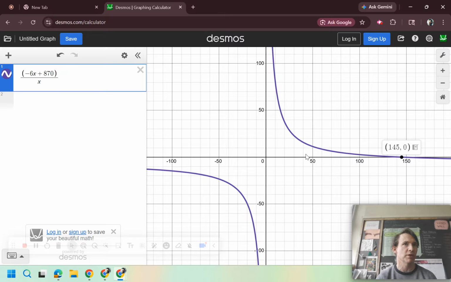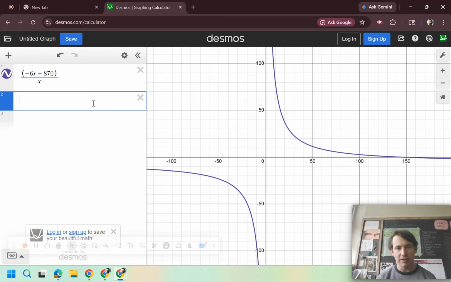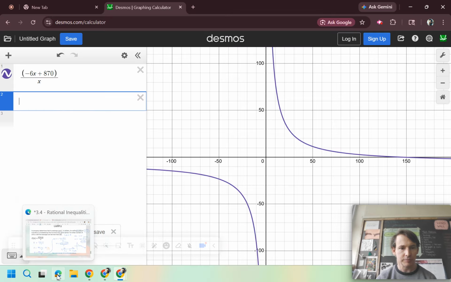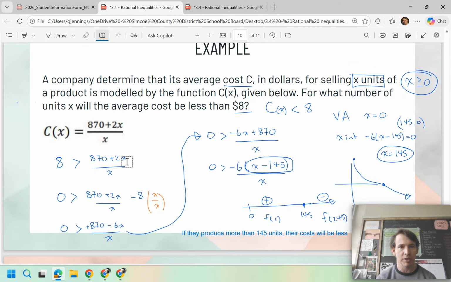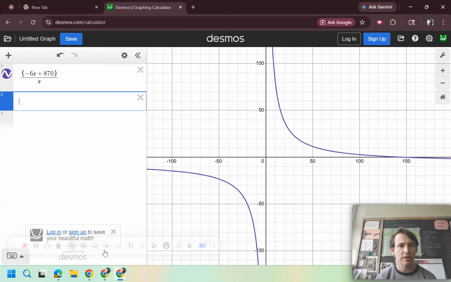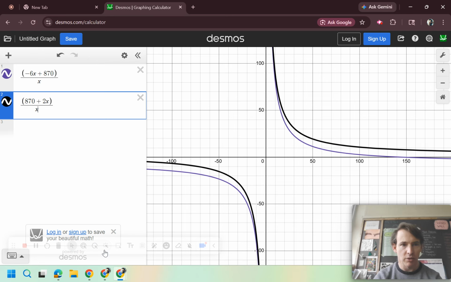If you produce 2 units, your cost per unit is coming down precipitously. And then your cost per unit sort of irons out a little bit later on. You'll note that this is different from the original expression where we had 870 plus 2x all over x.